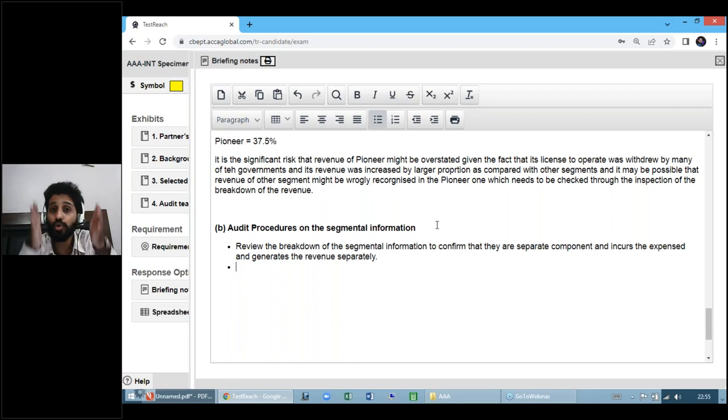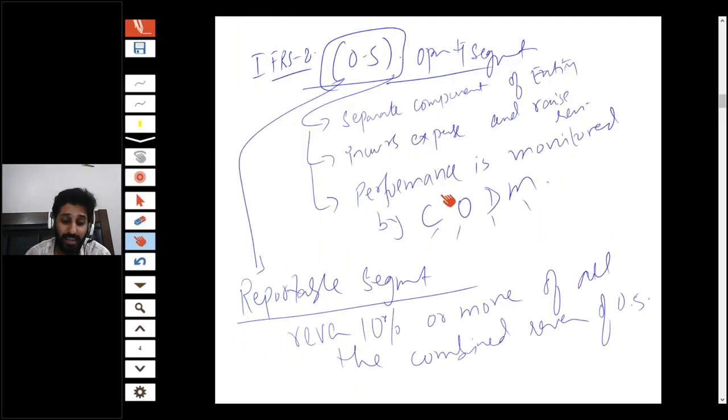Furthermore, you should also inspect the organogram, which is the organizational structure, in order to witness the evidence that there is the presence of the chief operating decision maker. Because if the performance is not monitored by the chief operating decision maker, that is not an operating segment at all, right?